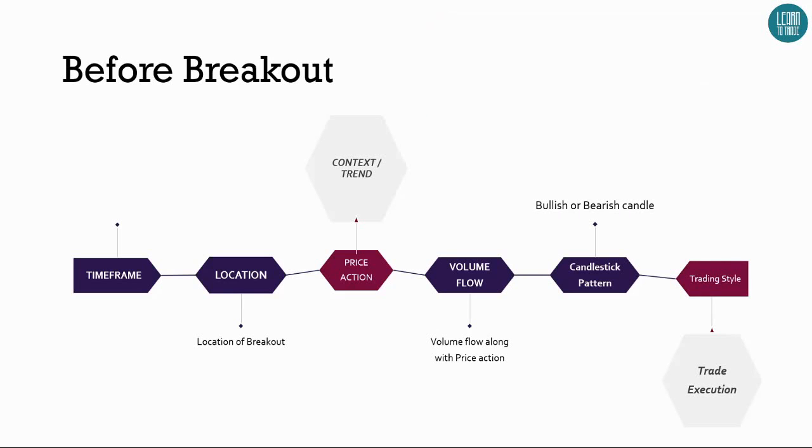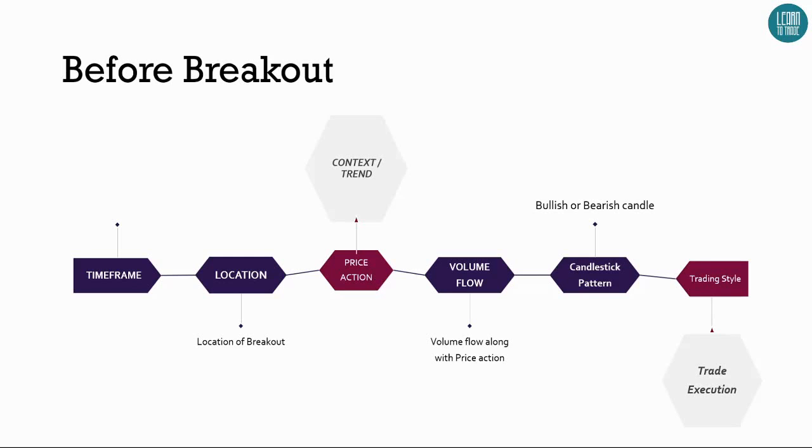So what are all the stages we need to look at to benefit from a breakout? There is nothing called a 100% breakout success. We can filter and make sure that maximum times our breakout trades work and we get a reward rather than triggering stop losses.